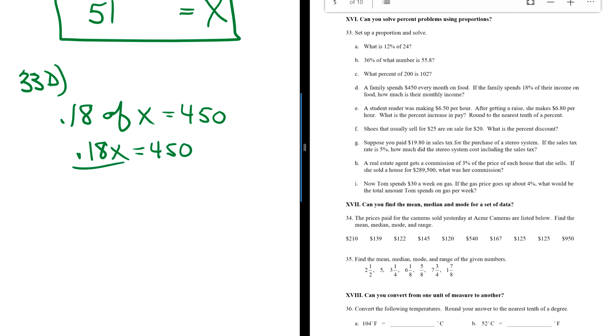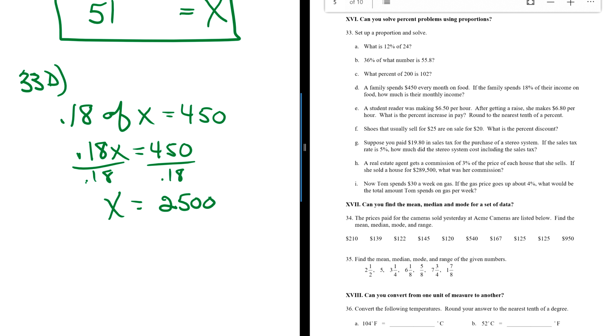And then I'm going to divide both sides by 0.18. Okay, this is the harder problem of them all. So x equals 450 divided by 0.18. And that's 2,500. That's their monthly income.